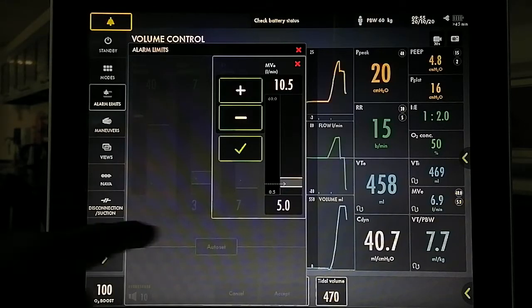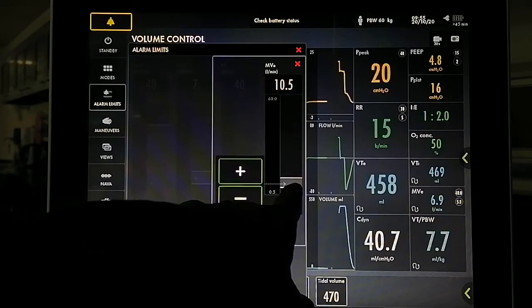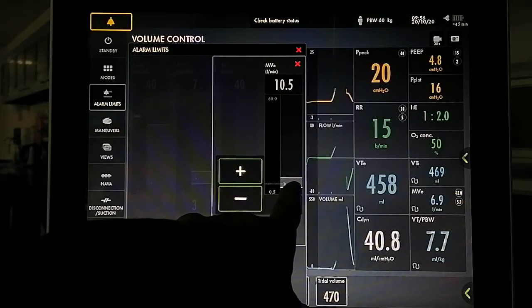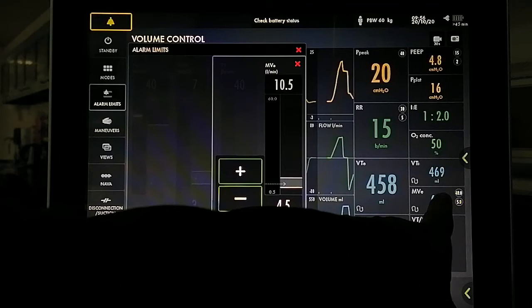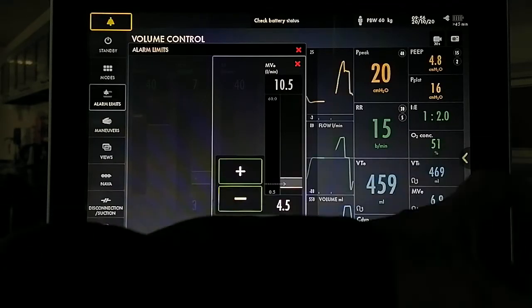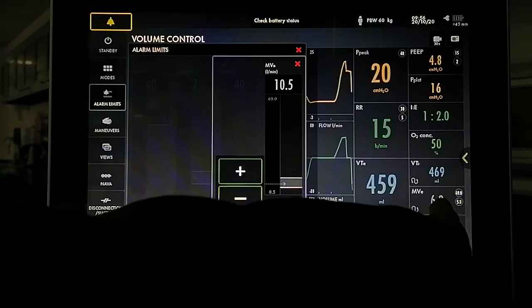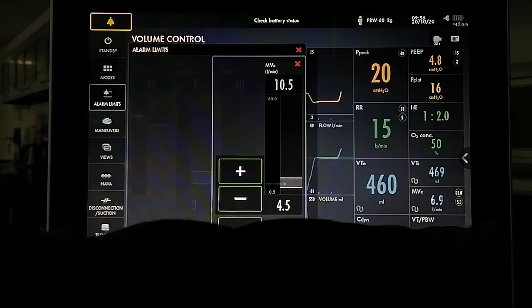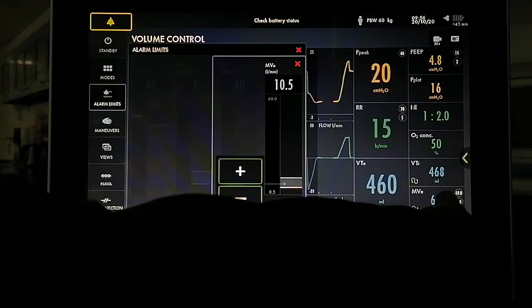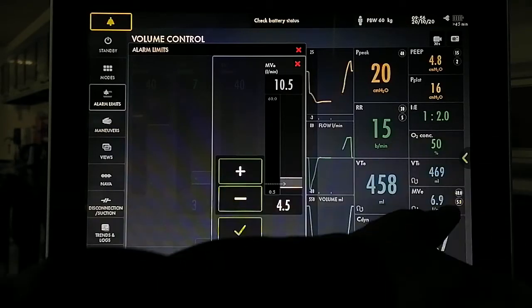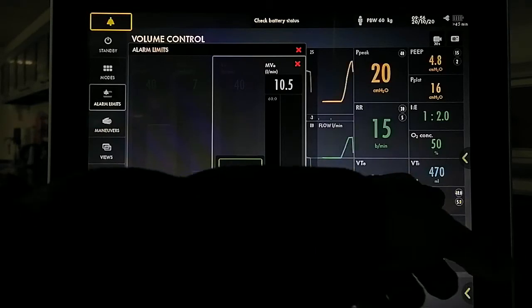For the lower minute volume alarm, you need to get 10% to 20% of your observed minute volume, calculate how much that is, and then subtract it from your minute volume.